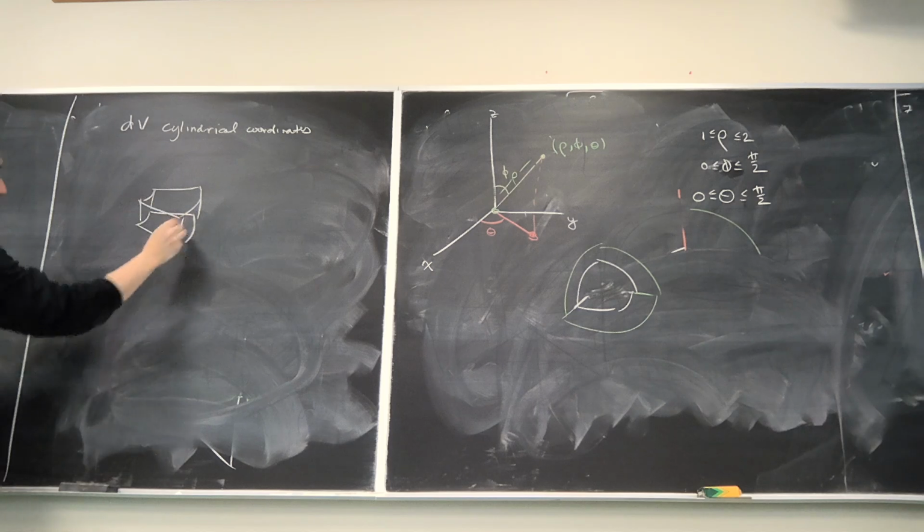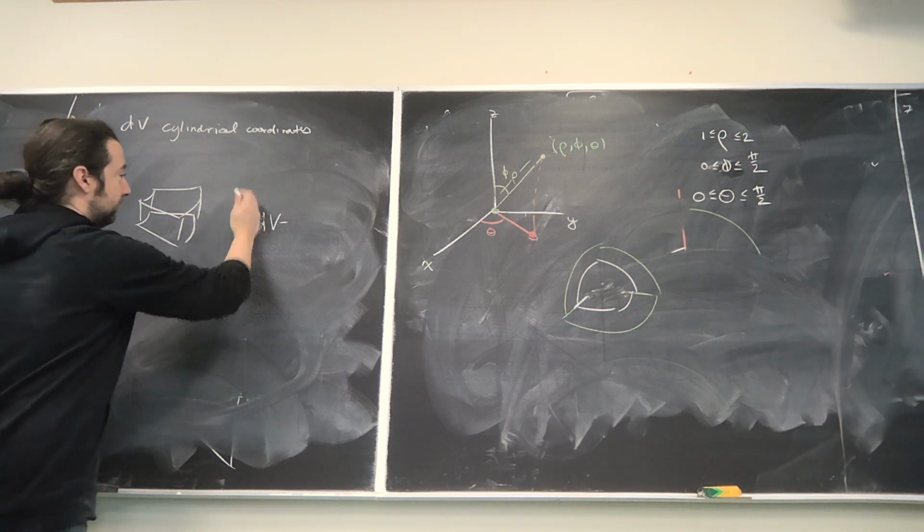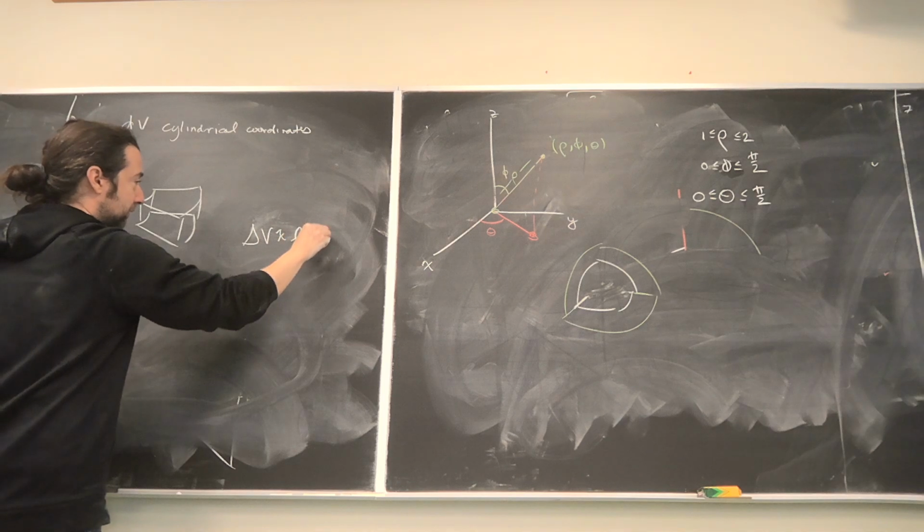And then I argued, oh, well, for small enough values of dr, d theta, and dz, that thing looked like a little rectangular prism. And so if I knew how long each of those sides were, delta V is going to be about equal to length times width times height.